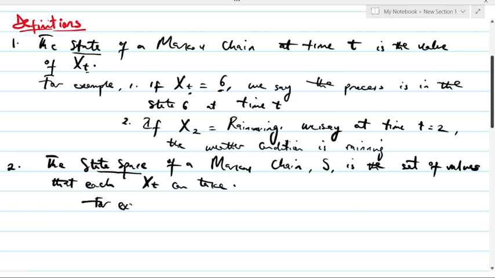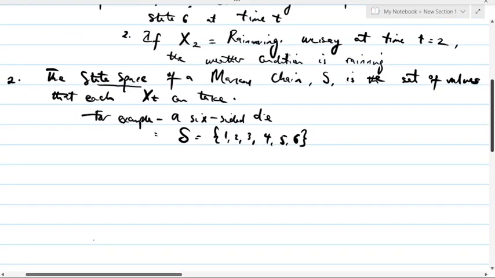And for example, we have a 6-sided die. So you should know that your state will be 1, 2, 3, 4, 5, 6. We have discussed this in our previous class, but we actually need it if we are doing weather forecasting.